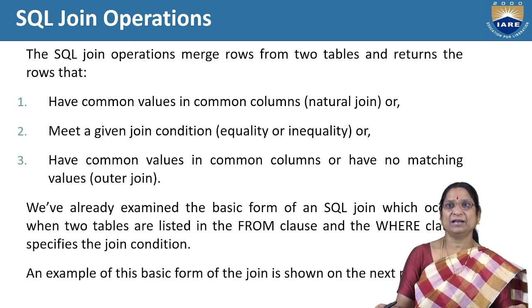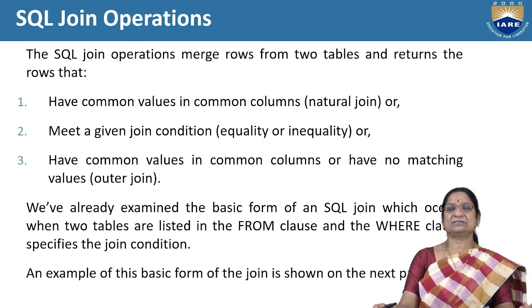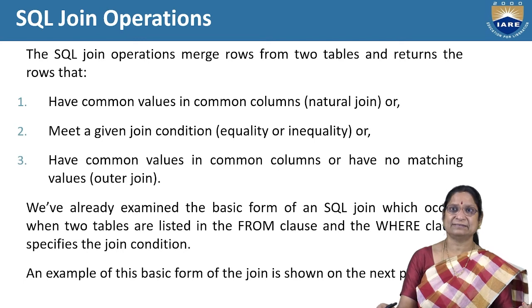Rows that meet a given join condition, equality or inequality, are equijoin or theta join. Rows that have common values in common columns or have no matching values are outer join. And all of these types of joins have been examined already using some examples in SQL.